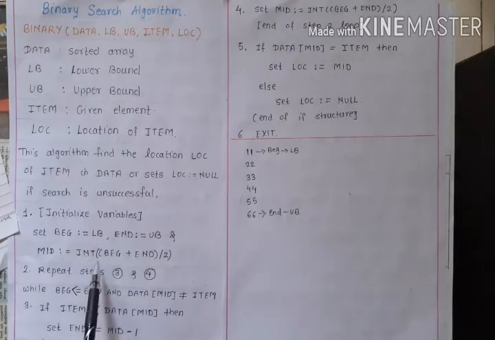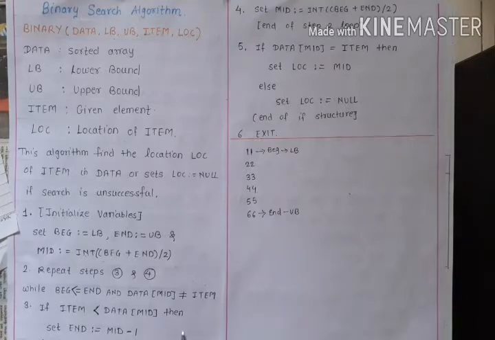If the answer is fractional, take only the integer part. Once you get the midpoint element of the list, you have to compare the element to be searched with the mid element.